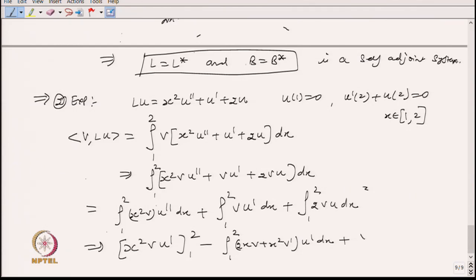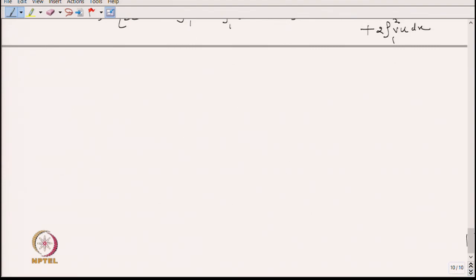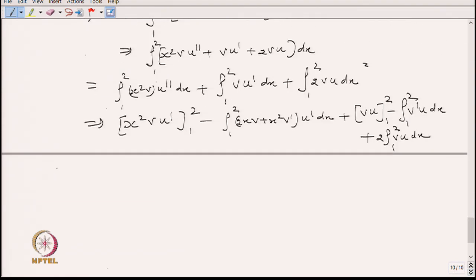So, I will call it v u from 1 to 2 minus the integral of v dash u dx from 1 to 2, and the last quantity I am taking as such. So, 1 to 2 times v u dx. From here, now again I am solving this one. So, this quantity will be the same.